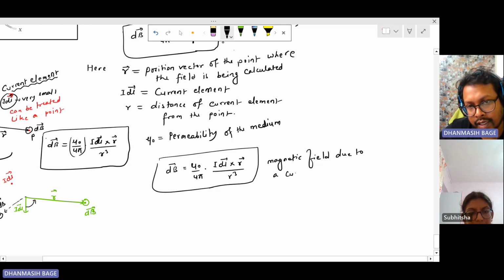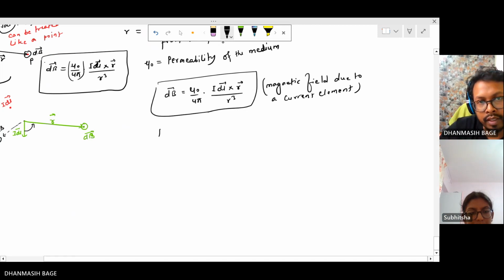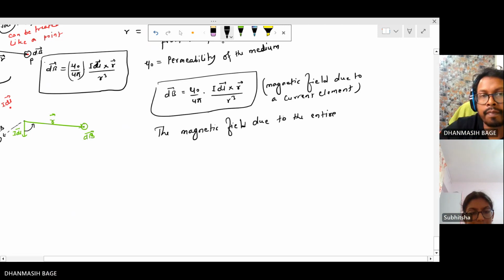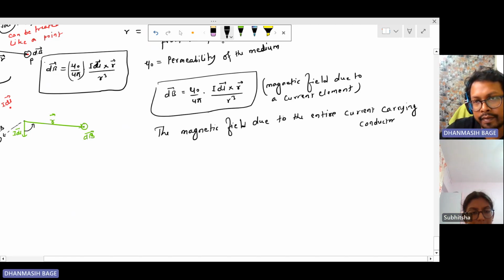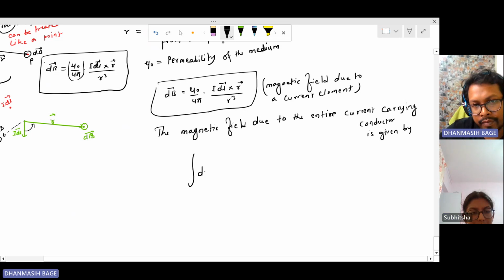Into a current element. The magnetic field due to the entire current carrying conductor is given by just the integration of the dB vector.